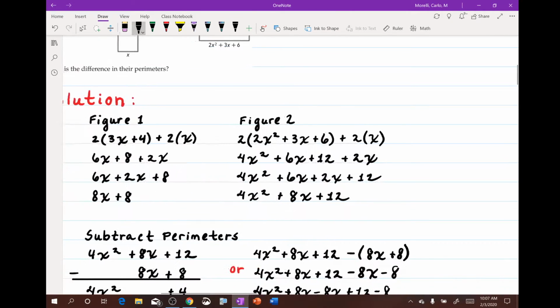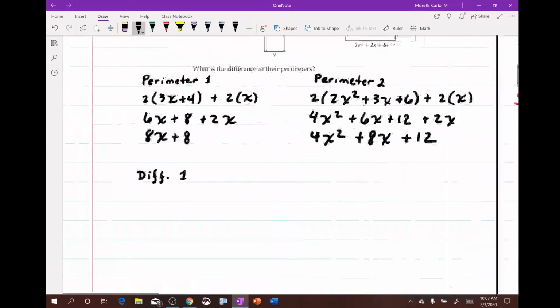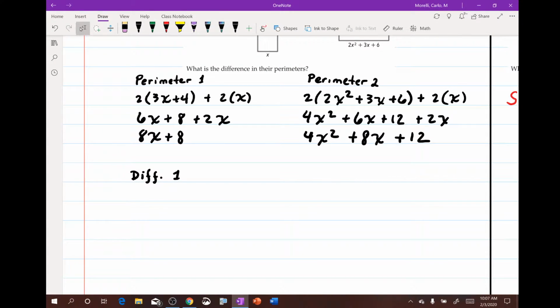Here's difference way 1: take the bigger thing and put it on top of the littler thing and line up all the terms. So it's like the stack method. This looks more like addition and subtraction that you remember. 4x² + 8x + 12 minus 8x + 8.